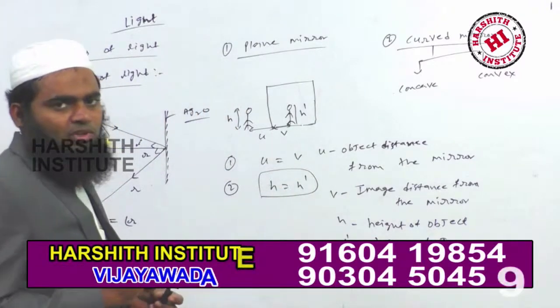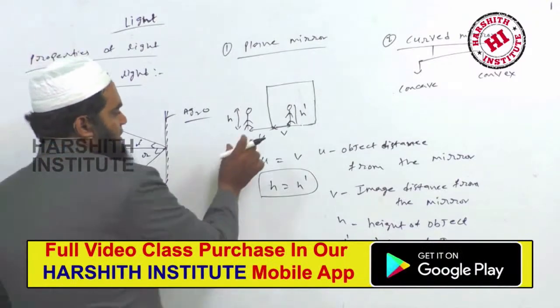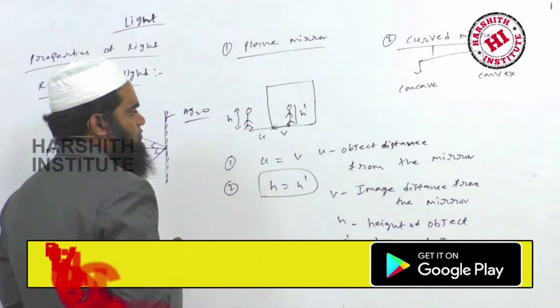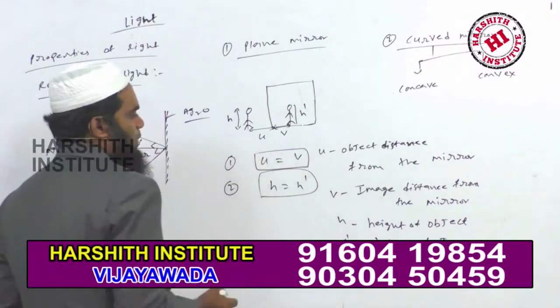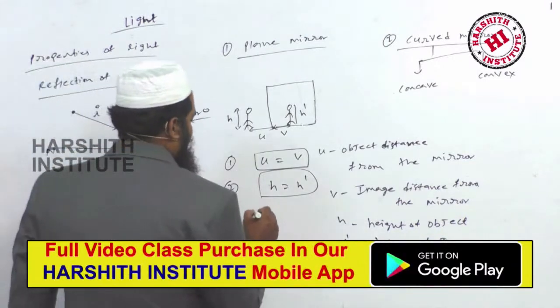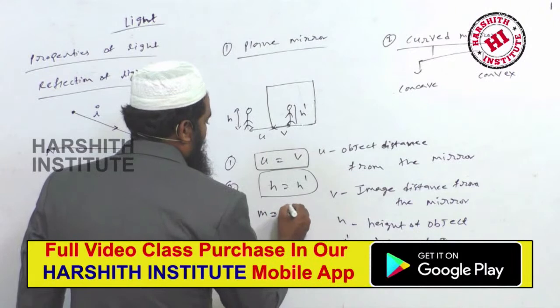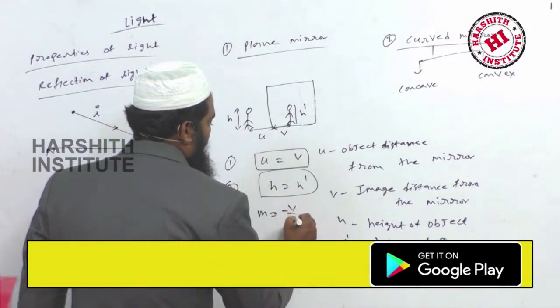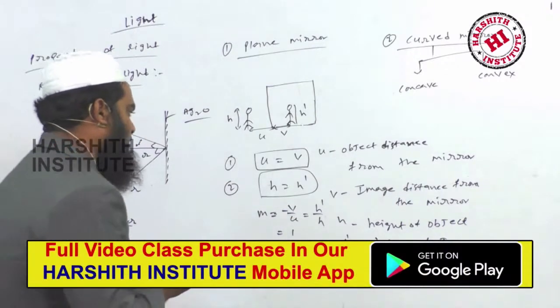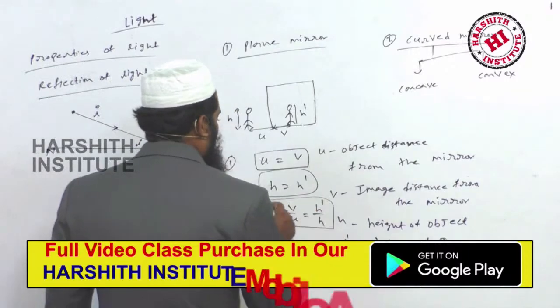We also observe that the object distance is always equal to the image distance, U equal to V. Next, magnification M equals minus V by U, which equals H dash by H. This is called magnification.